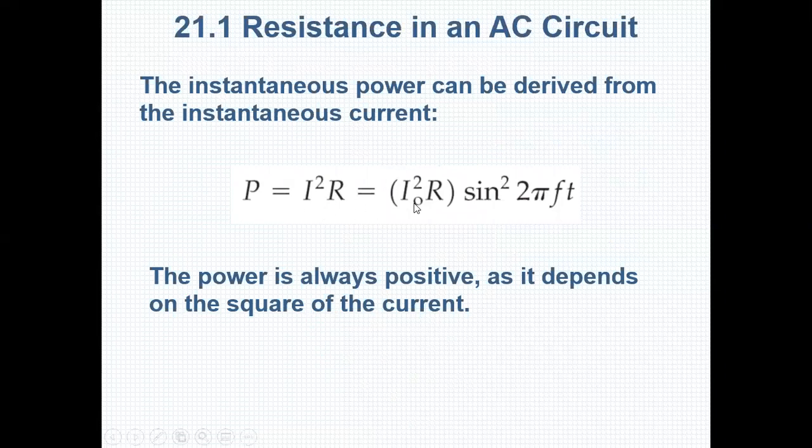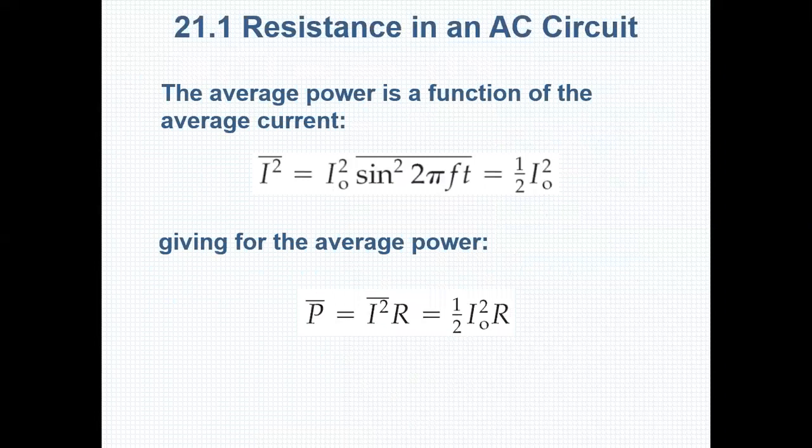After simplifying, we need the value of sine squared 2 pi f t. First of all, we have to get the average of the square of the current. The square of the current is the square of the peak current, which is the maximum current, times sine squared omega t, or 2 pi f t.